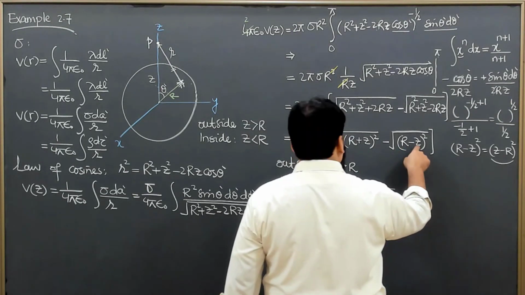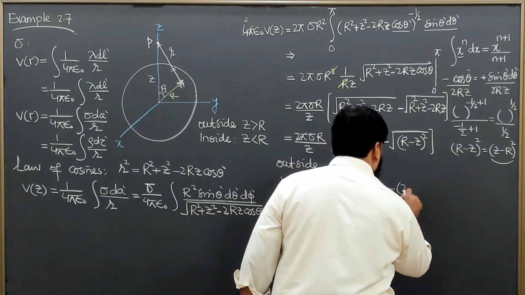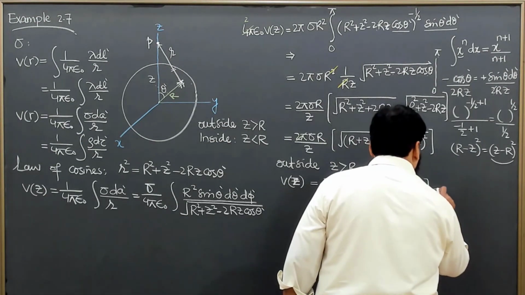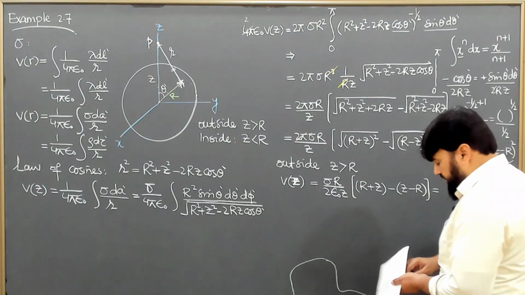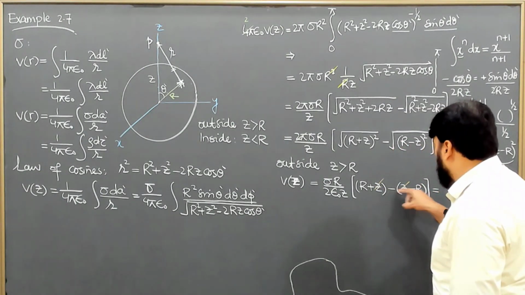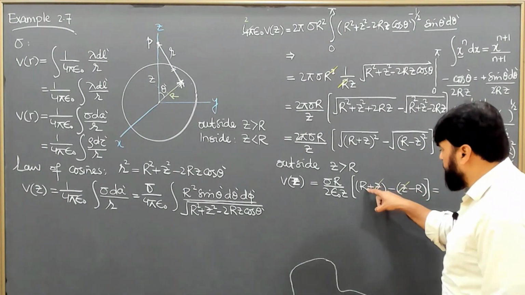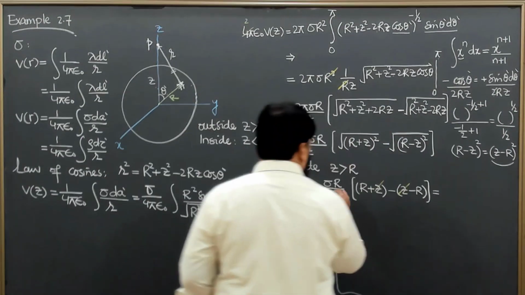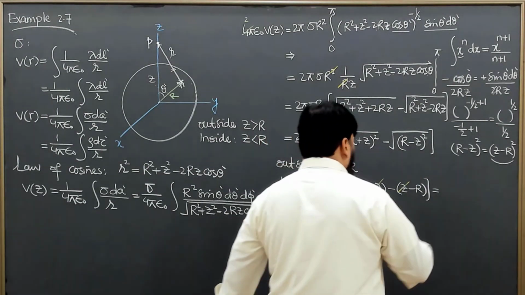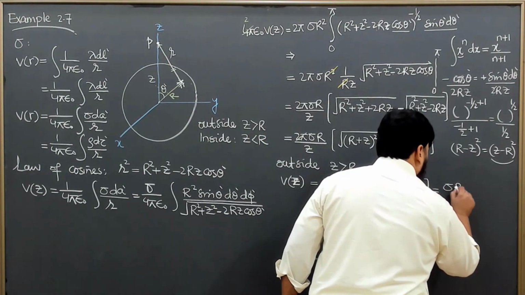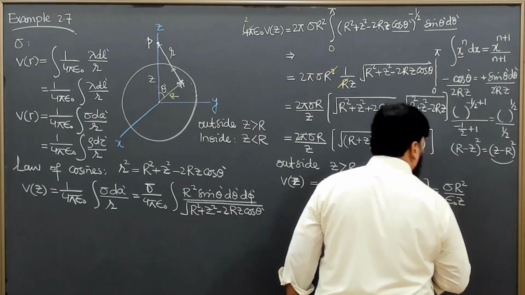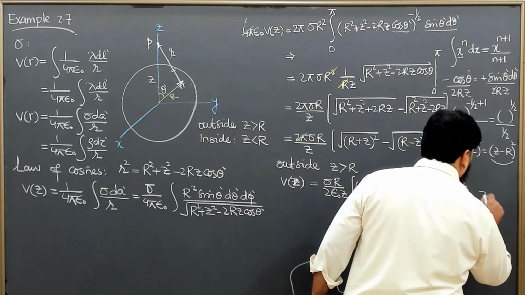Now keep in mind, we are outside the sphere, so this is z minus r, and this will give us, look here, this z is cancelling with the z, and minus r becomes plus r, so it becomes 2r. 2 is cancelling here, and we are having sigma r squared over epsilon naught z here for z greater than r.